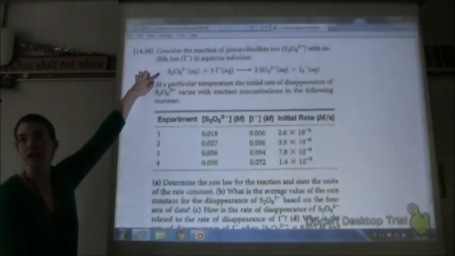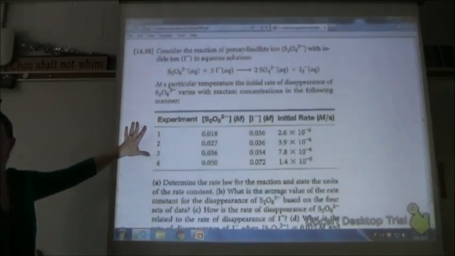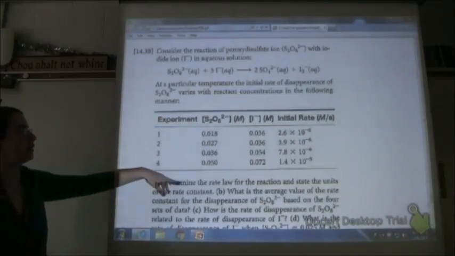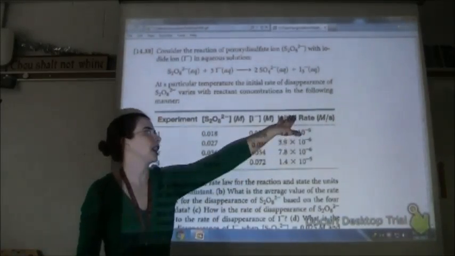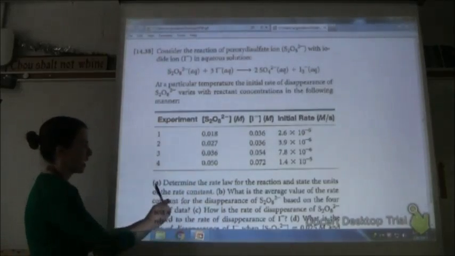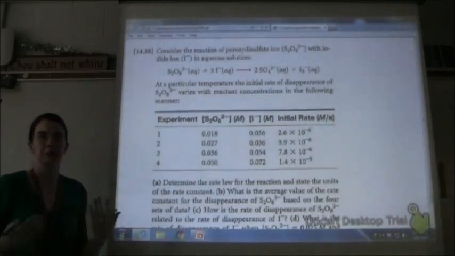We've got an equation, all right? We have a table of data very much like what we've been looking at. We've got molarities of our first reactant, molarities of our second, we have rates. And the very first part says, determine the rate law.